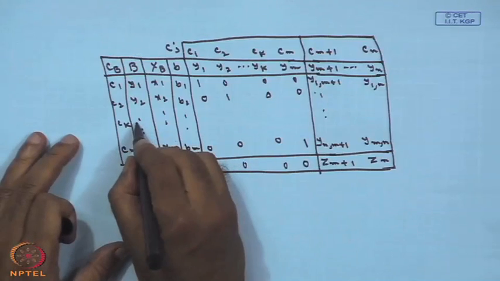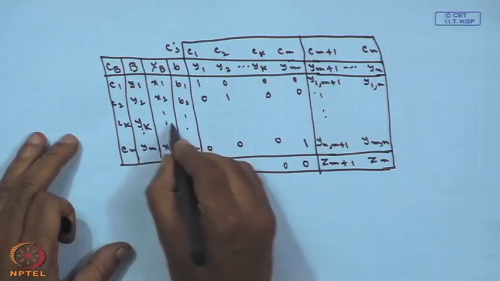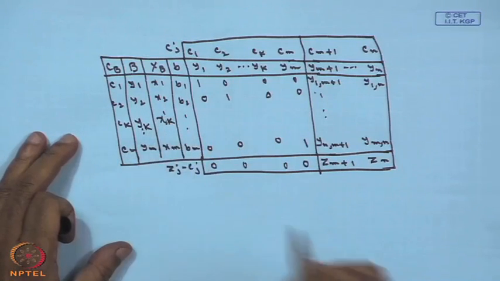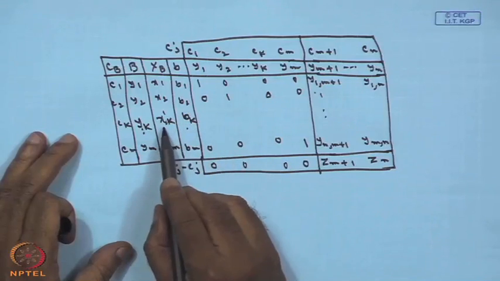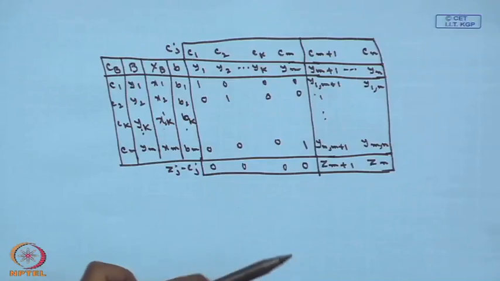Now, suppose the kth basic variable corresponds to some non-integer value in the optimal solution. This kth basic variable, that is yk and xk, and this bk. So the kth basic variable corresponds to some non-integer value.